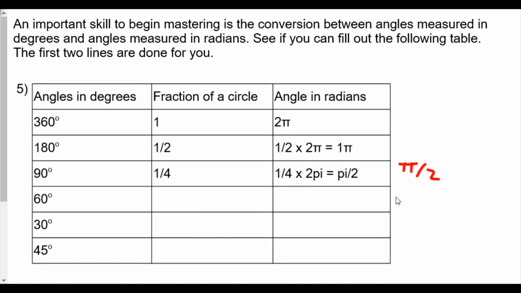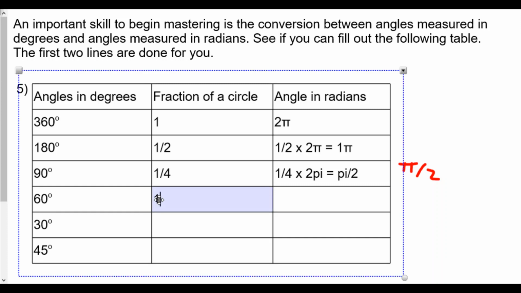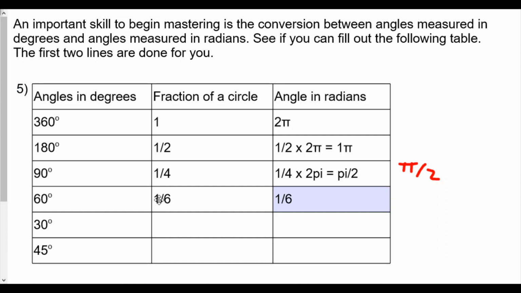And 60 degrees, since the whole circle is 360, is 1/6 of the circle, which means we do 1/6 times 2 pi. 1/6 of 2 pi gives us 2 pi over 6, or pi divided by 3. So again, 2 pi over 6 is equal to pi over 3.